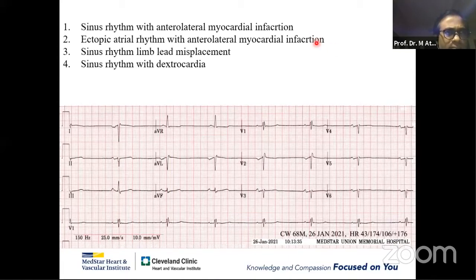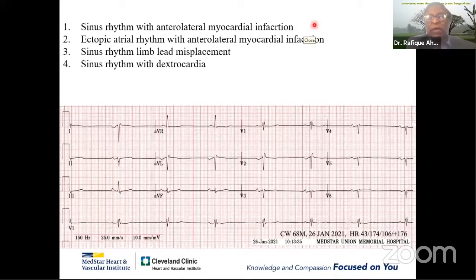Okay. So I think at least there is no A and B answer. So this is dextrocardia. What Jamil and I were talking about is that if you look at this patient, lead 1 is inverted, AVL too, so it looks like a limb lead swap.